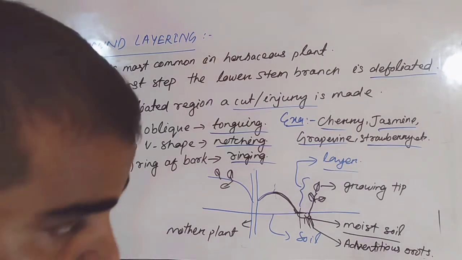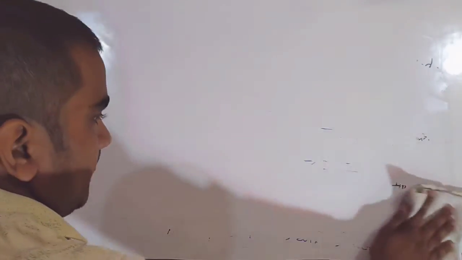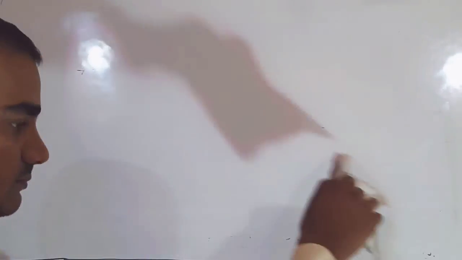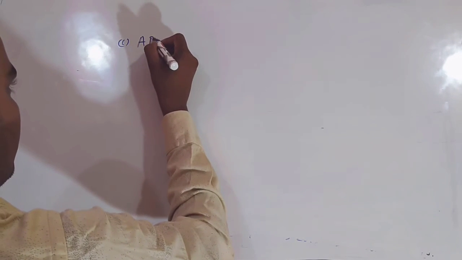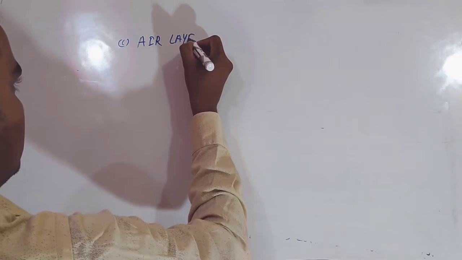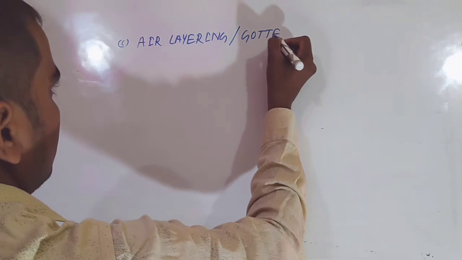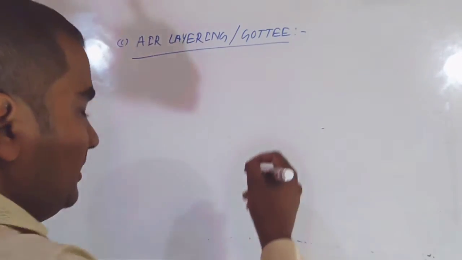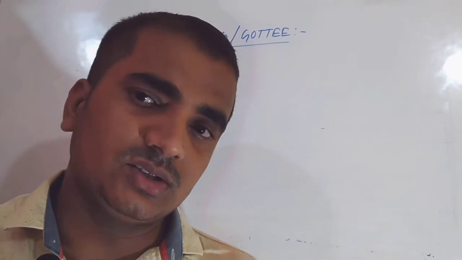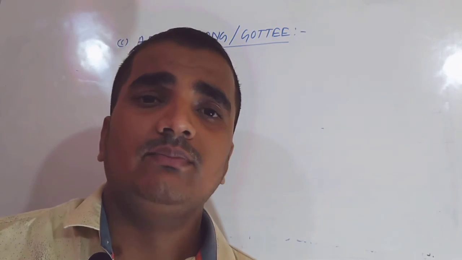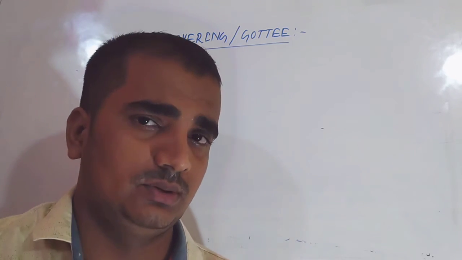Now we discuss air layering. Air layering is otherwise known as the Gutti process. In this method, air layering is a very common method in shrubs and trees, because they have no stem branch near the ground level or soil level.